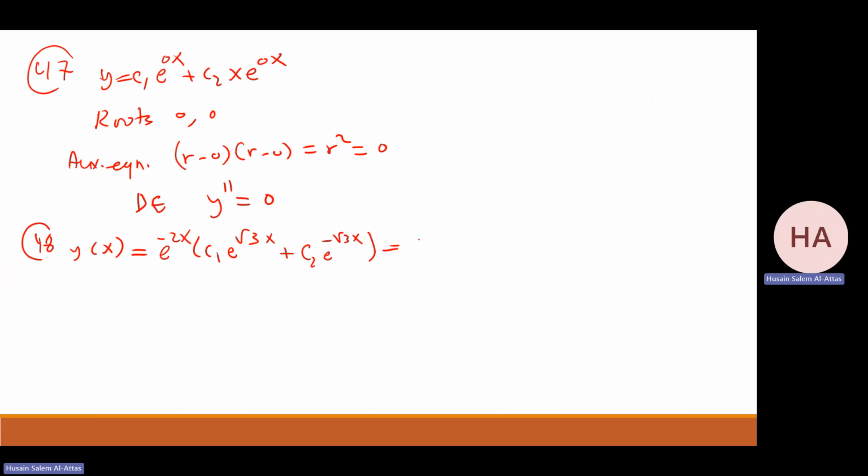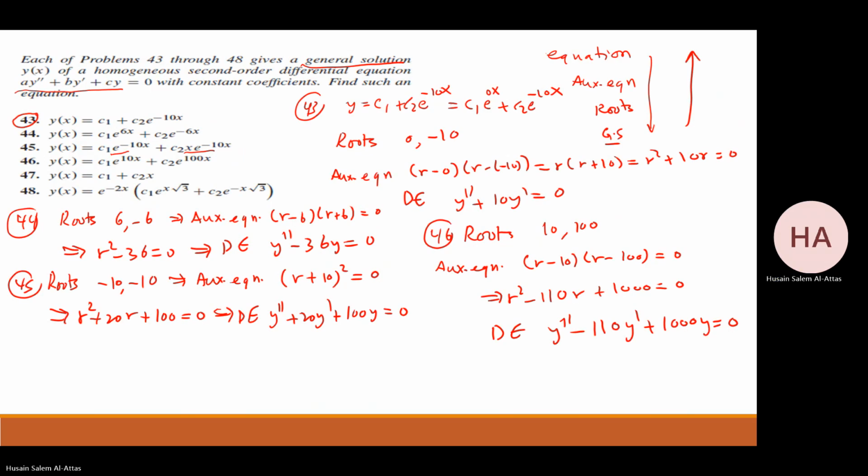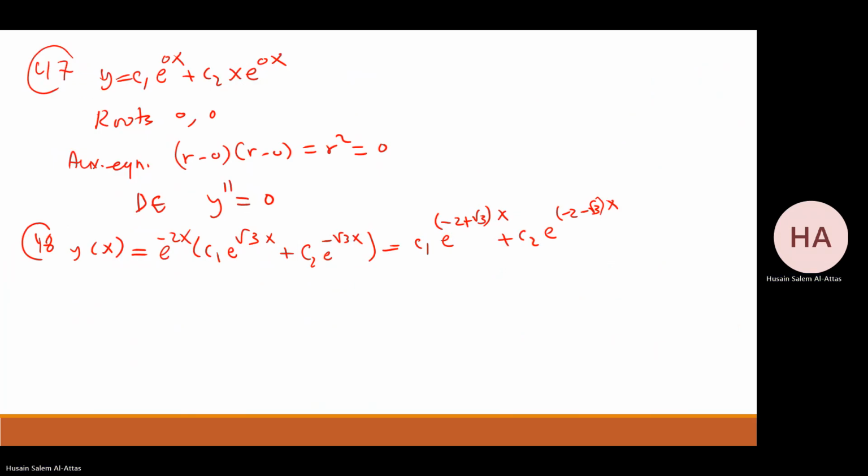In other words, I can write it as c1 e to the power minus 2 plus the square root of 3 x plus c2 e to the power minus 2 minus the square root of 3 x. Okay, that is the equation. Now, what are the roots?